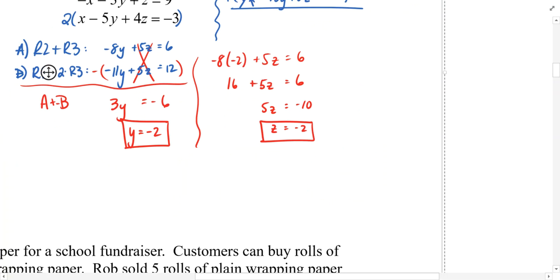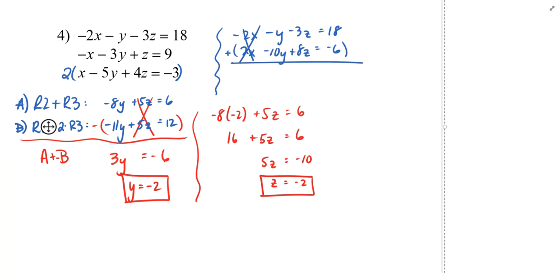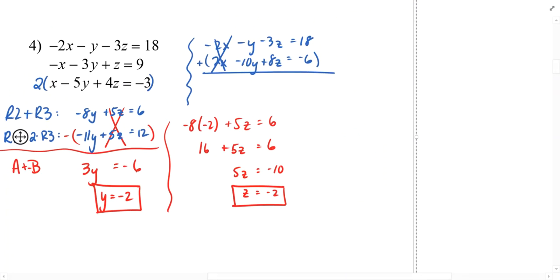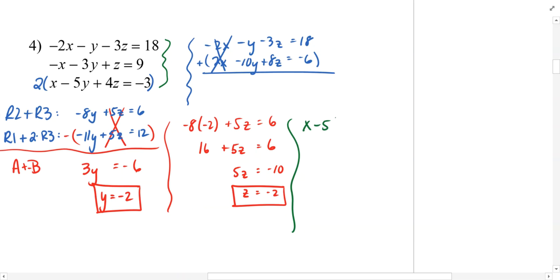And of course, now that we know that y and z are both negative 2, we can back substitute in one of the original expressions. Doesn't matter which one of these three, and we can solve for x. I'm going to use the third equation, x minus 5 times negative 2 plus 4 times negative 2 equals negative 3.